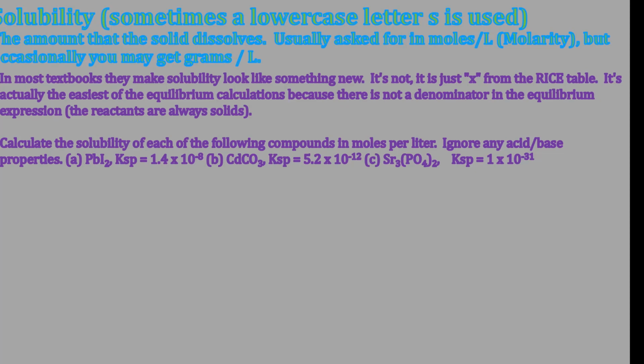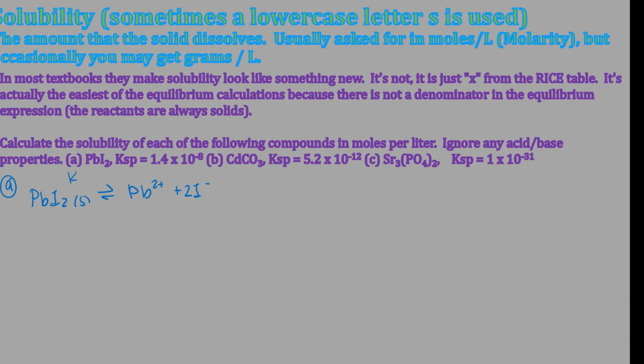Okay, so for the first one, for A, I want to find the solubility, and the solubility is just X from the ICE table. Sometimes they use the letter S, capital or lowercase. It depends on the textbook, but I'm just going to use X. So in A, I've got lead(II) iodide, and it will dissociate into lead ions and iodide ions, and we'll get 2 iodide ions for every lead.